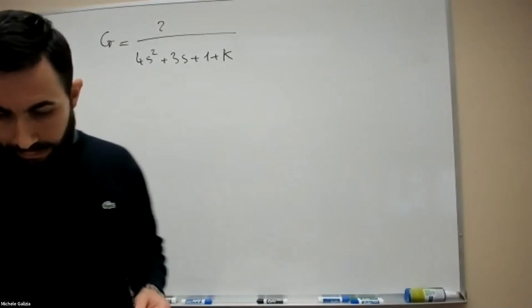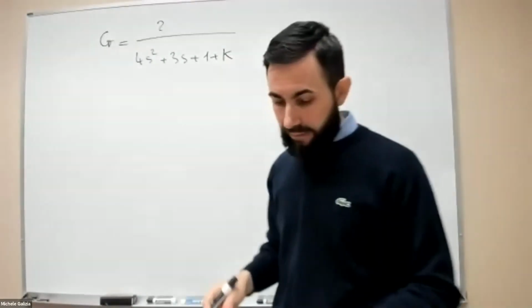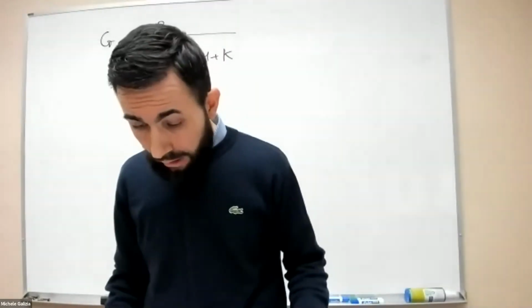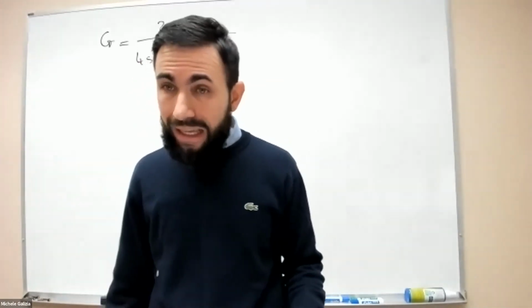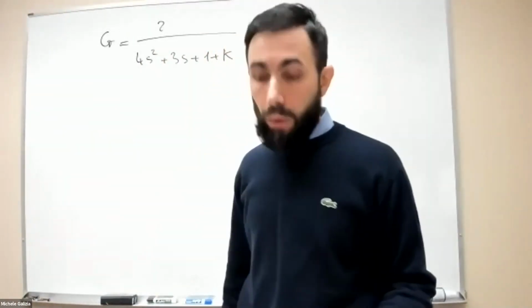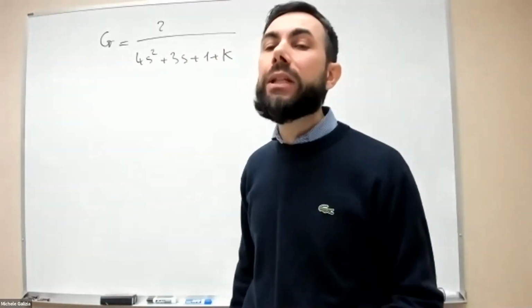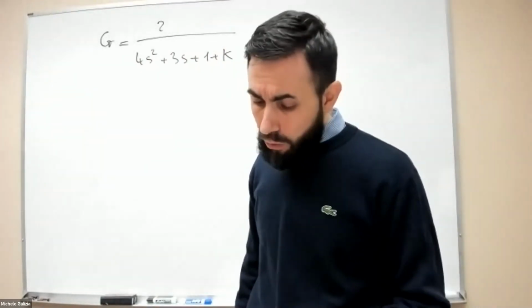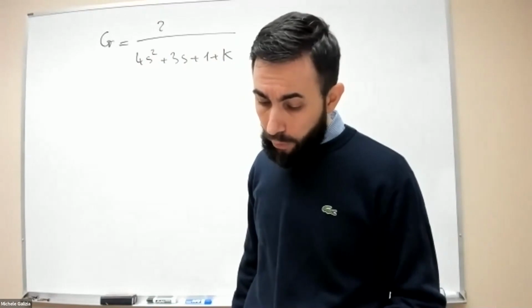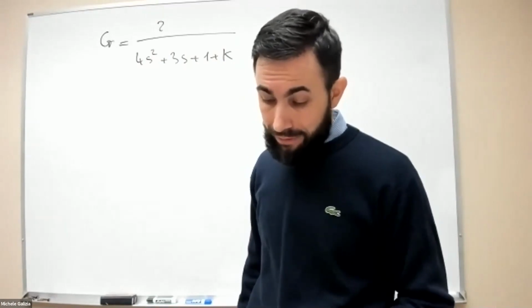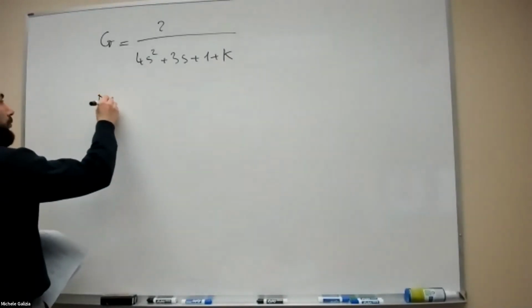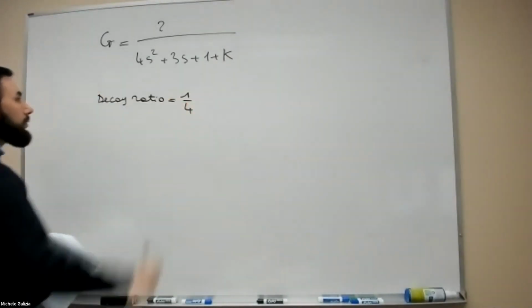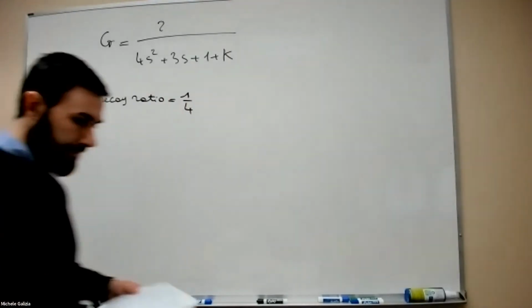This is a parametric transfer function. Last time we saw for which values of k the system is underdamped. Now we want to calculate for which value of k the system has a decay ratio equal to 1/4.